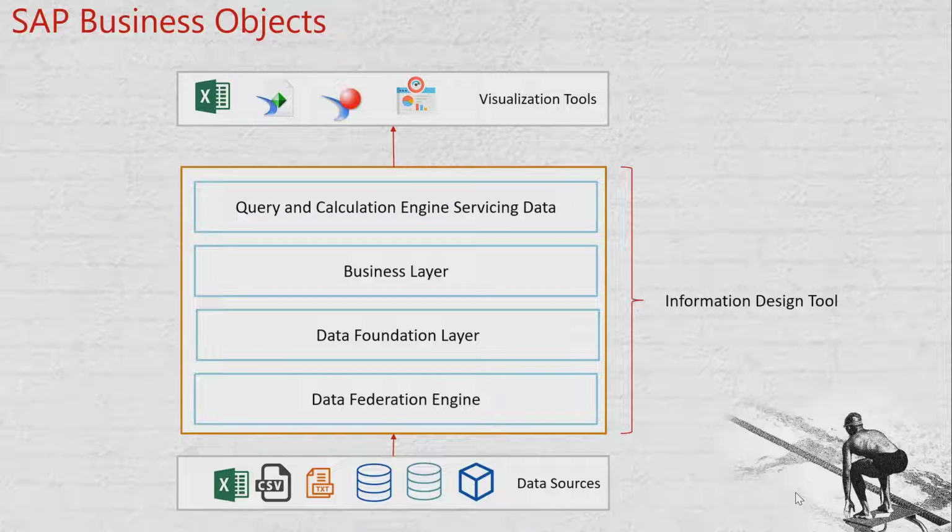From there, visualization tools like Web Intelligence, Crystal Reports, and dashboards can be connected to this semantic layer, the data model, and the reports can show the data in different visuals. So this is the high level architecture. The main application is Information Design Tool, a tool to build the semantic layer or the data model, and then various visualization tools will connect to the data model.